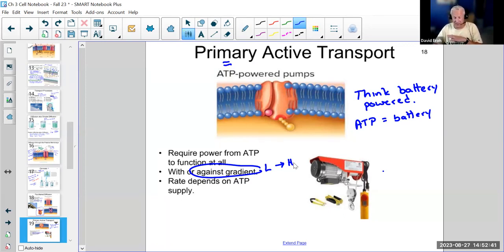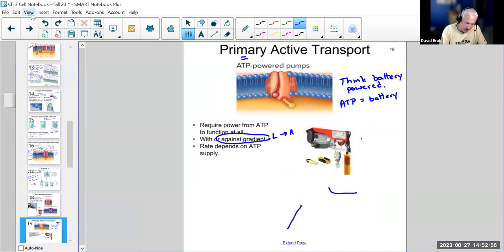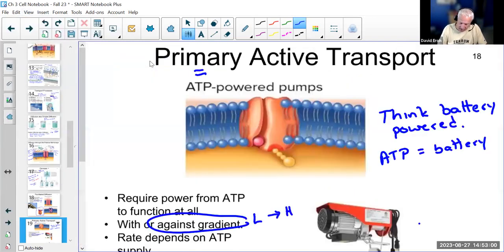The second you get rid of ATP, these pumps shut down. They will pump in any direction, and they will also pump at any speed that you want, as long as you are willing to pay the price.